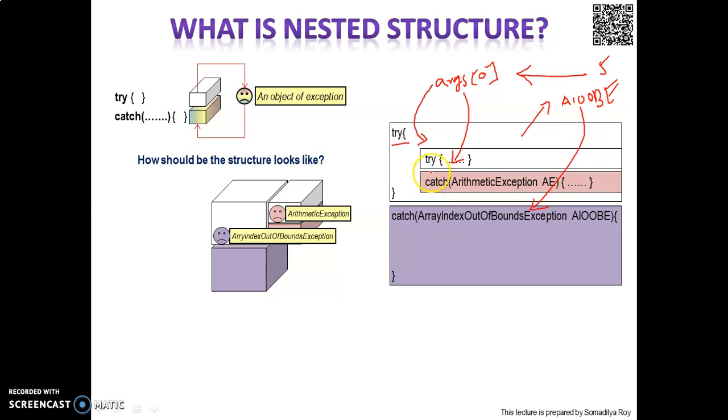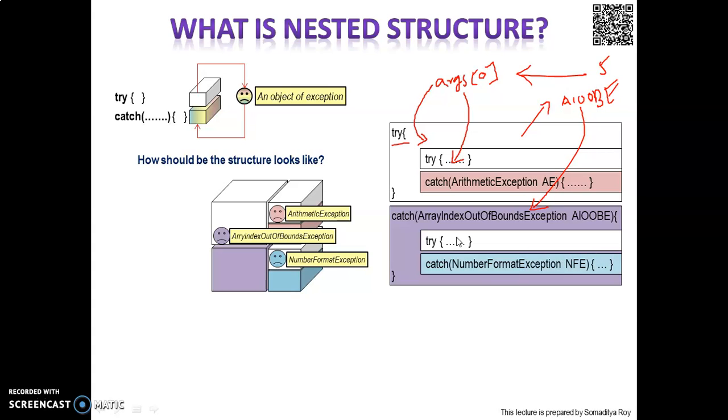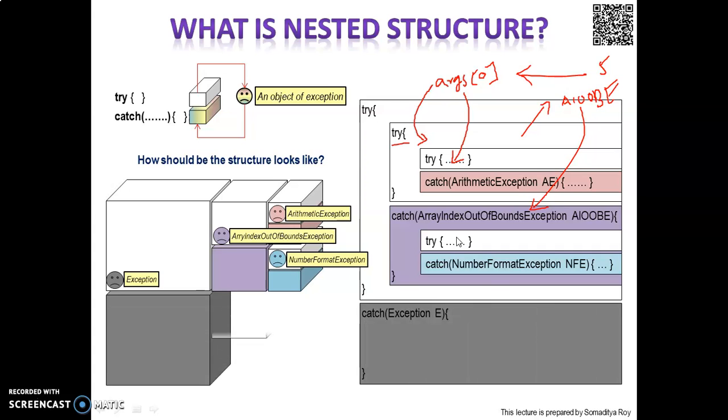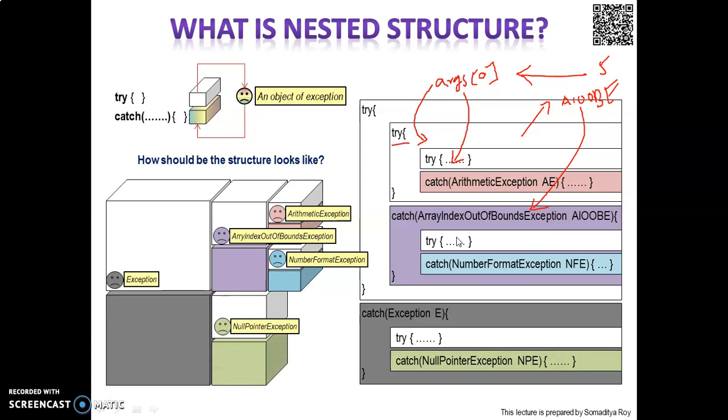Well, just like a try block can have a try-catch block, similarly a catch block can also have a try-catch block. So now let's assume this catch block has a try block where there is a chance of number format exception, so it has a try-catch block with this. If we go further like this, we can create several nested try-catch blocks as per our requirement.